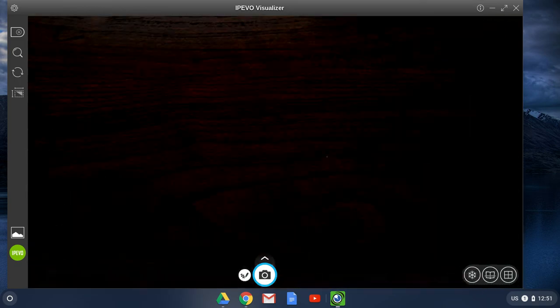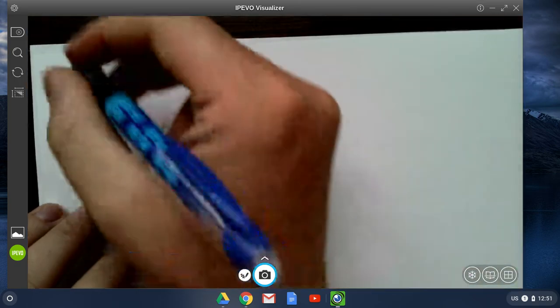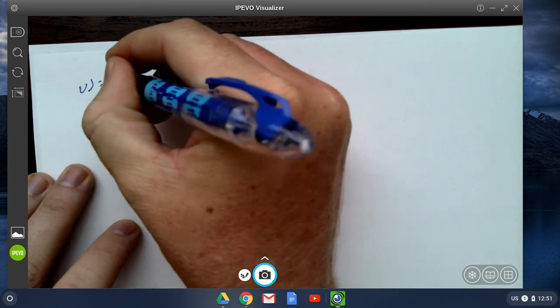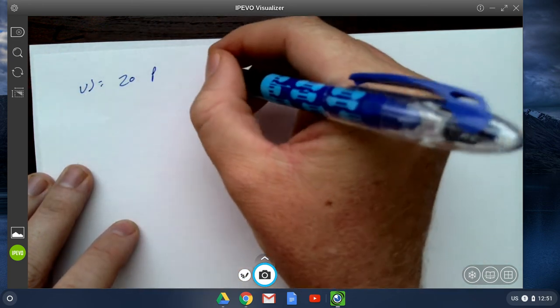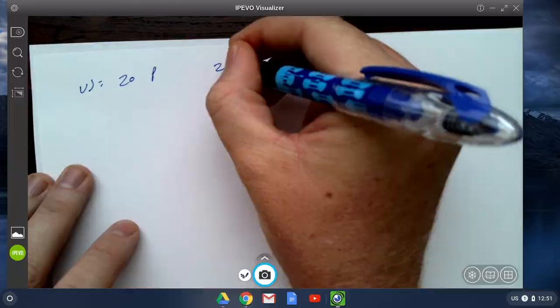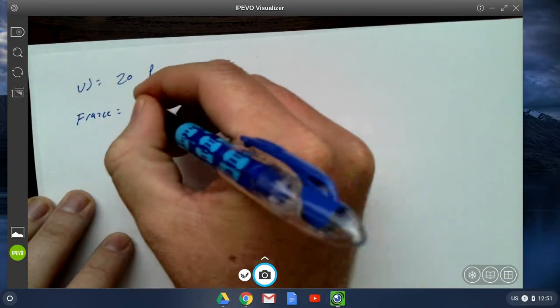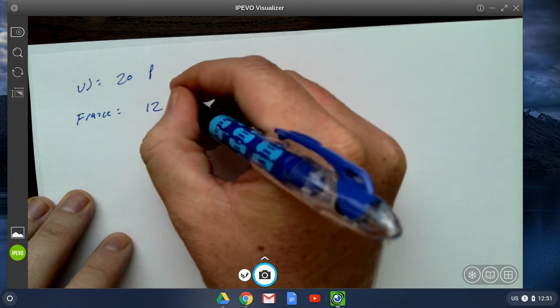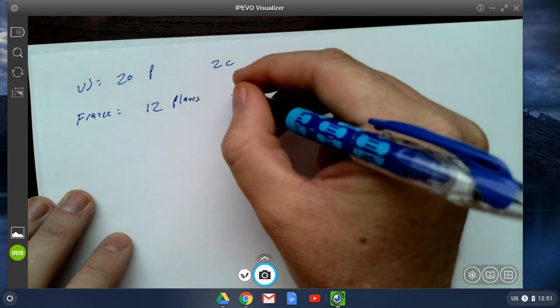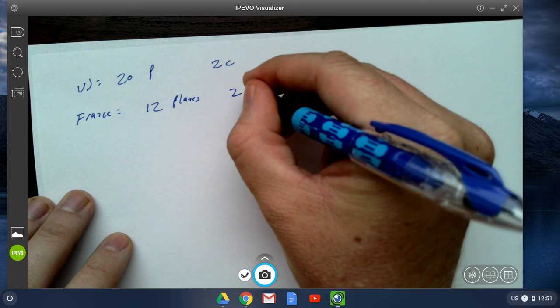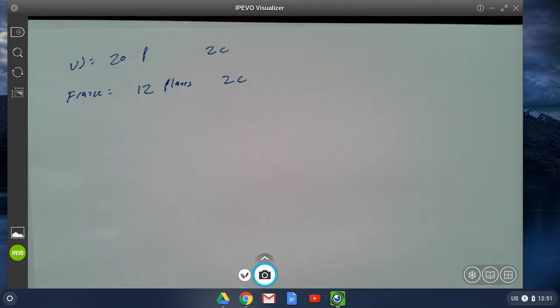Okay, so we said US equals 20 planes or 2 cruise ships. France equals 12 planes or 2 cruise ships. So what's the opportunity cost?